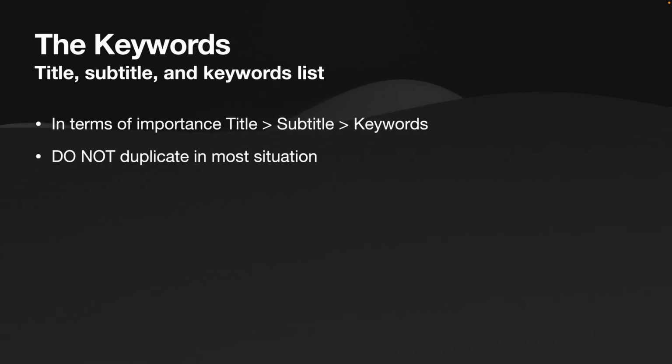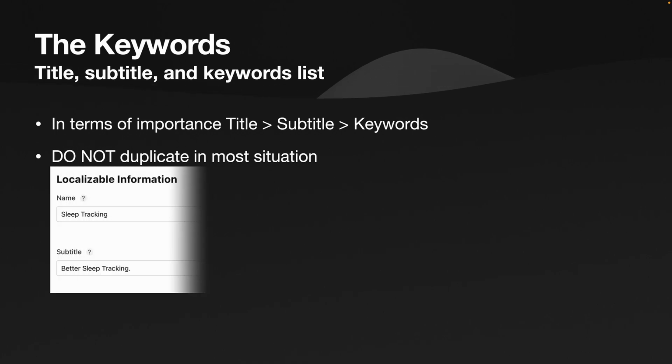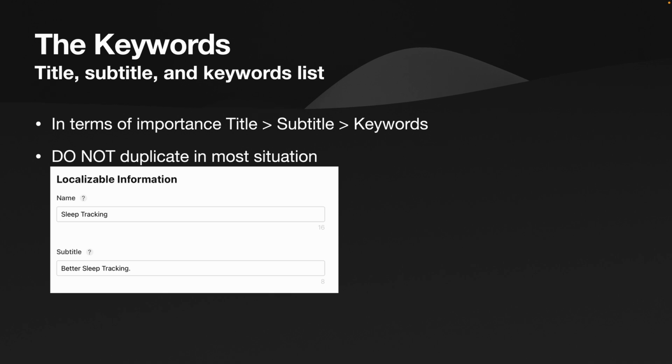Next, do not duplicate your keywords in most situations. Apple has this mechanism of mushing everything from title, subtitle, and keywords together. Let's say you build a sleep tracking app, and reasonably, you want to put sleep tracking in your title. And then, just to make things better, you put tracking in your subtitle as well, right?